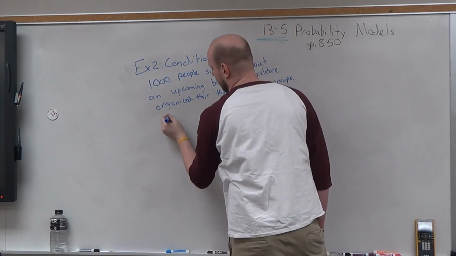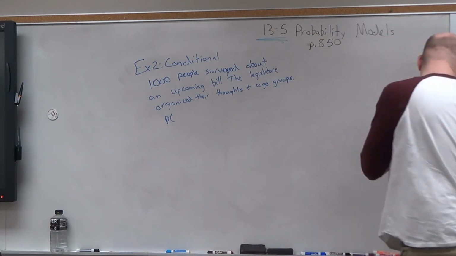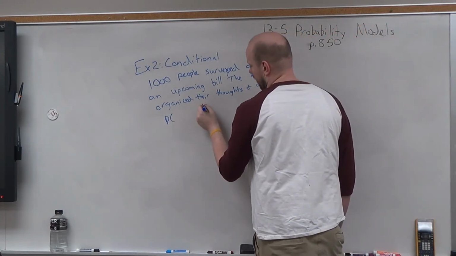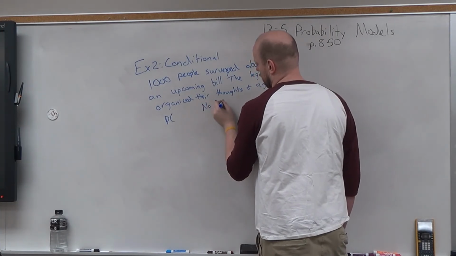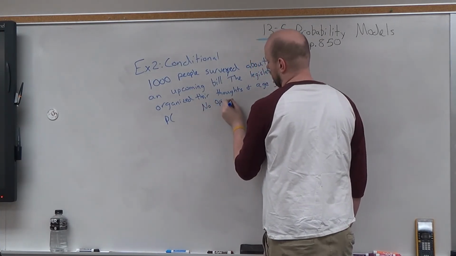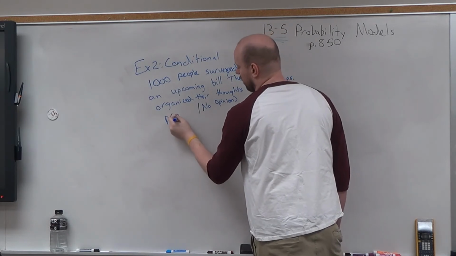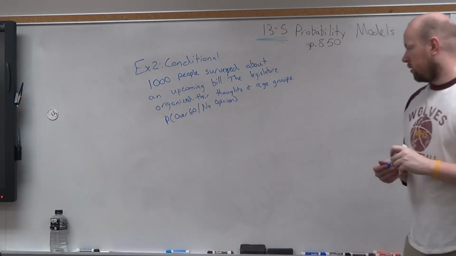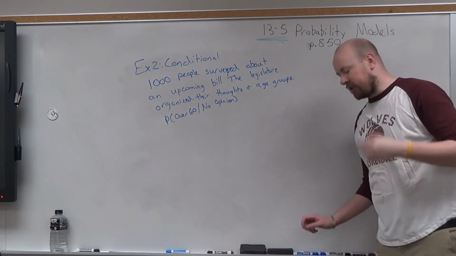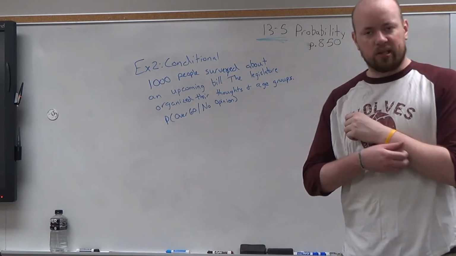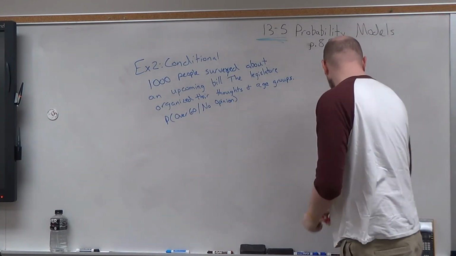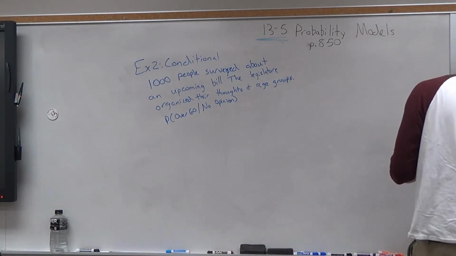Find the probability that they had no opinion if they were over 60. In the book, this legislature was increasing the minimum wage. So let's see, categories.